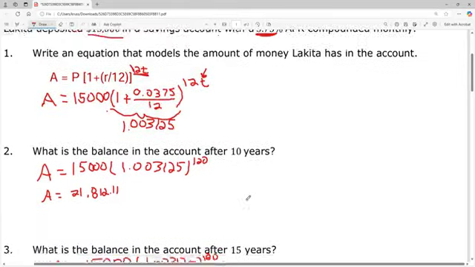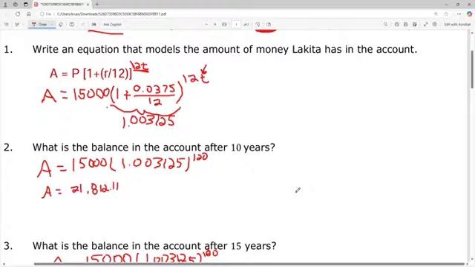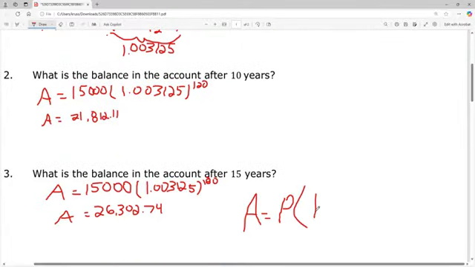You go back to our original equation, that A equaled your principal times 1 plus your APR in decimal form divided by 12. That's the number of months, or the number of times it's compounded, because it's compounded monthly, right? All raised to the number of months.